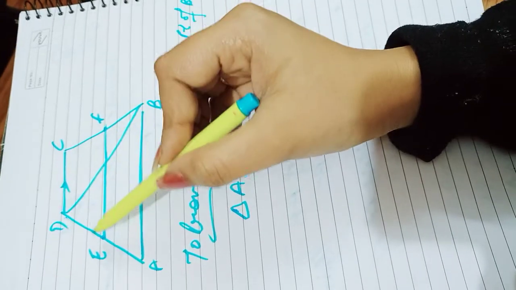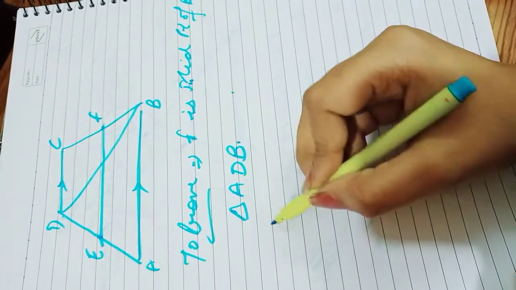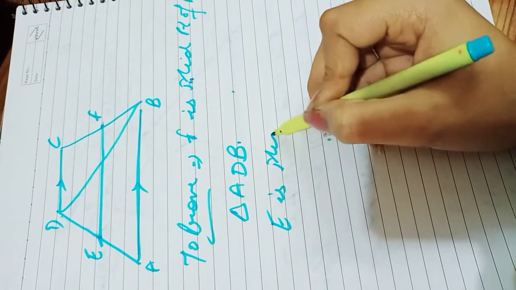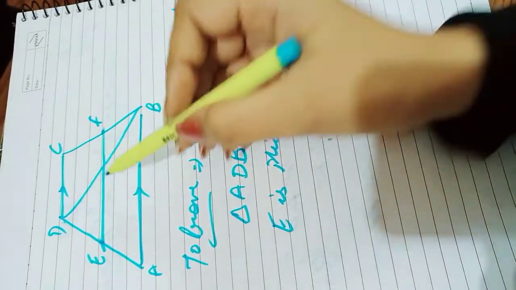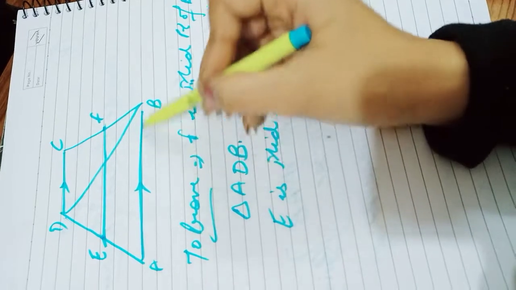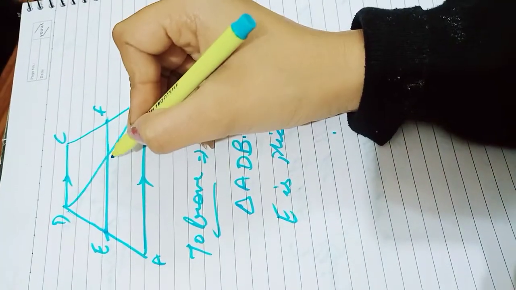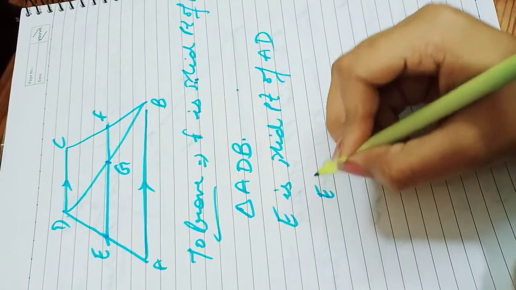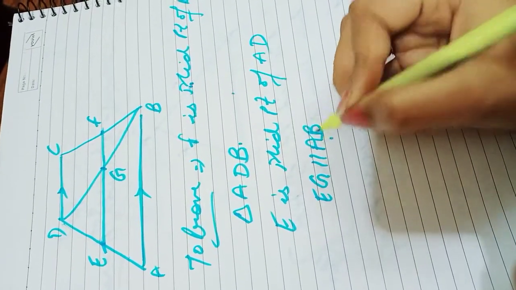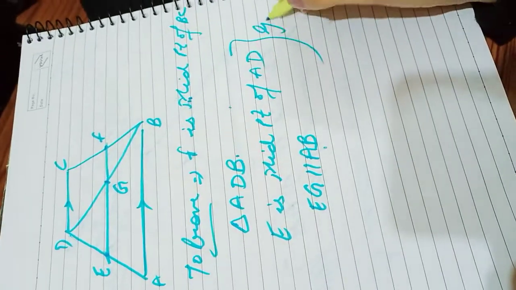According to this triangle, E is the midpoint of AD, it is given to you. And the line from E would be parallel to AB. You can take this point as G. EG would be parallel to AB, it is given. Okay, these things are given to you.